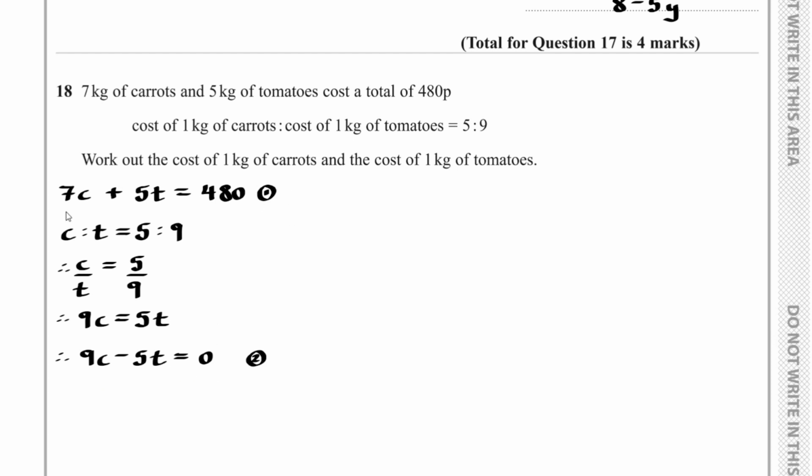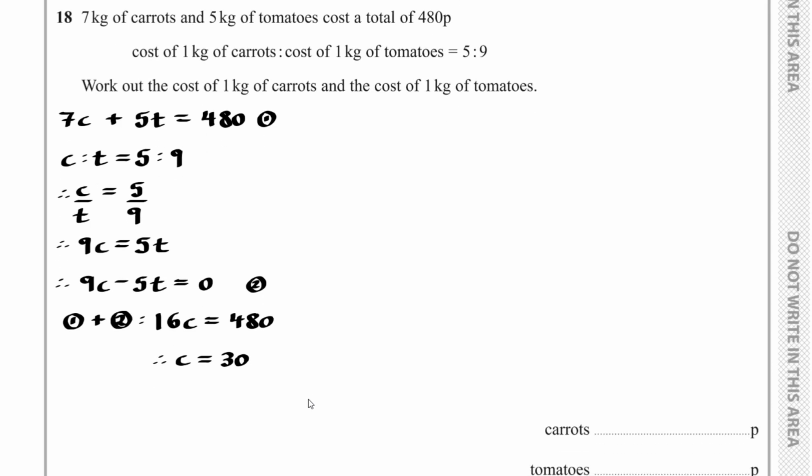I've got equation 1 here, 7c plus 5t equals 480, and equation 2, 9c subtract 5t equals 0. If I add these equations together, we will eliminate the t's, leaving us with 7c plus 9c, which is 16c, that's equal to 480, which means c equals 30.